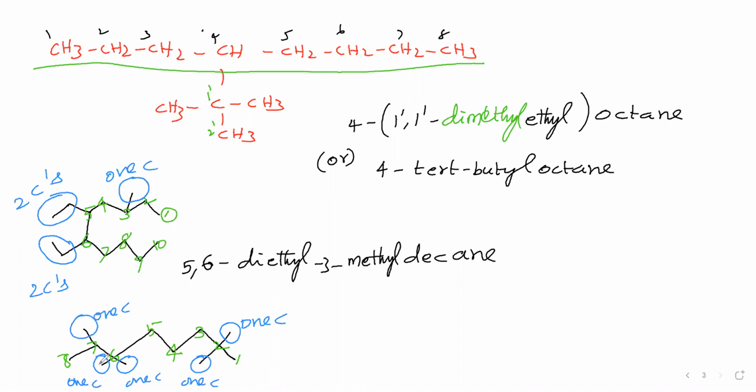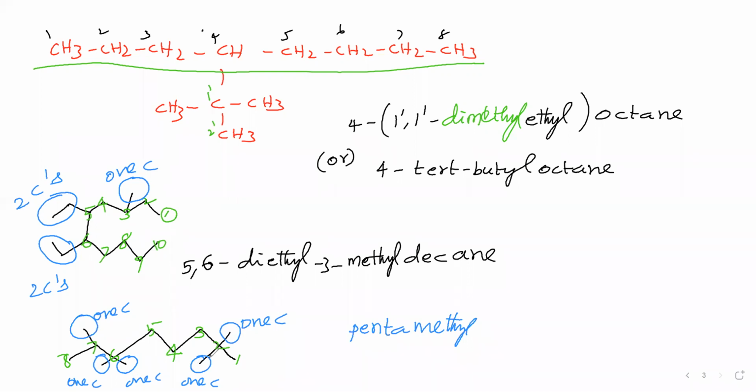That means all the branches contain 1 carbon each. How many are there? 1, 2, 3, 4, 5. 5 one-carbon branches are there. That means pentamethyl, we can say.